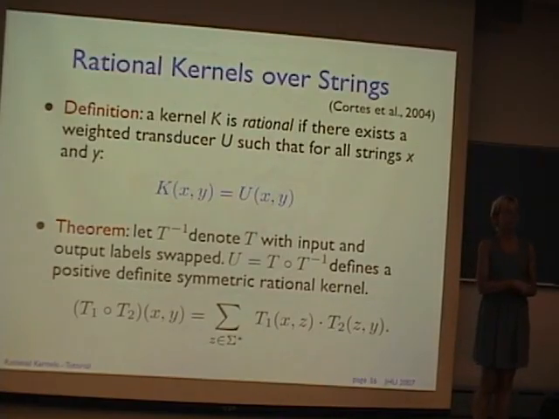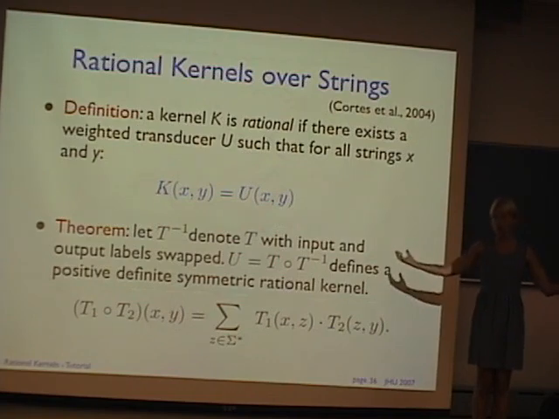So here we can make use of any transducer. Take a transducer, compose it with its inverse, and get a rational kernel that is guaranteed to be a PDS kernel, that we can use as a similarity measure between our input string A and our output string B, and use that as a similarity measure in the SVM.